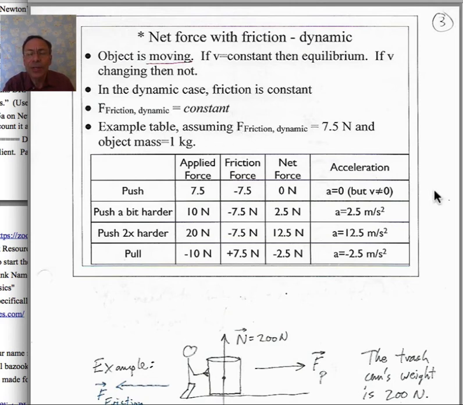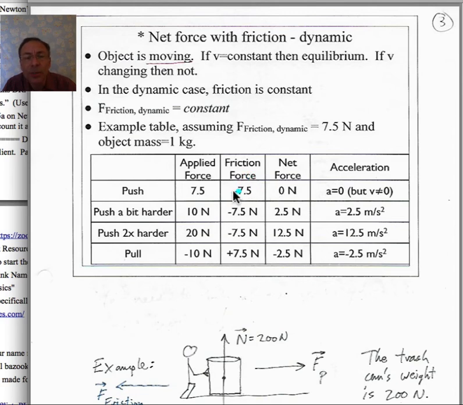So in this little table, I'm going to make an assumption. The kinetic friction, dynamic friction, is 7.5 newtons, and the object's mass is 1 kilogram. So we'll just use those as our scenario. The little guy is pushing with 7.5 newtons. It's not accelerating.